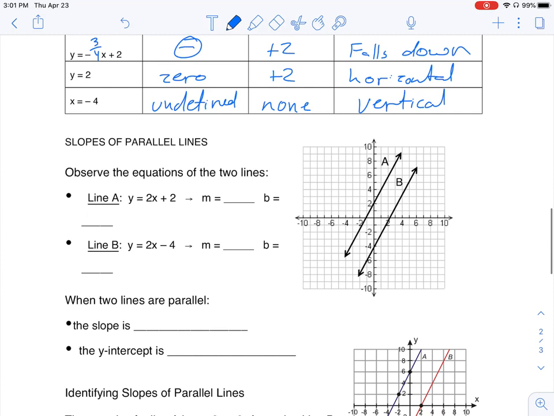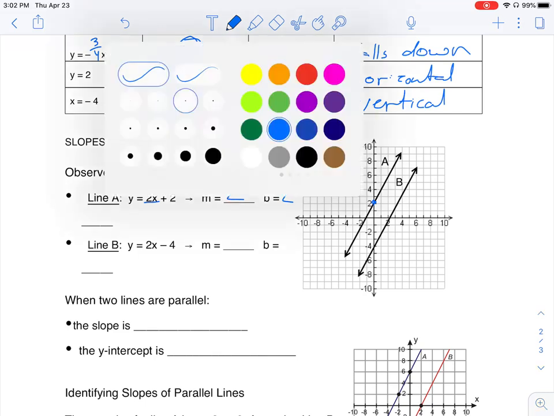Slopes of parallel lines. So if we look at the equations of these two lines, line A, y equals 2x plus 2, well, the slope is 2, and the y-intercept is 2 as well. We can see that here for line A. That's where the y-intercept is, and the slope is 2 because we determined that from the equation.